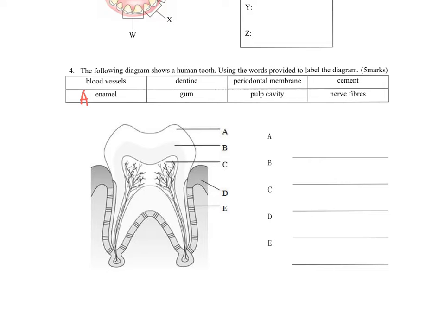And next is the dentine. And we can find nerve and blood vessel in C, the pulp cavity. For D, we did it in the exercise but not in the quiz. D is gum. And E is cement.